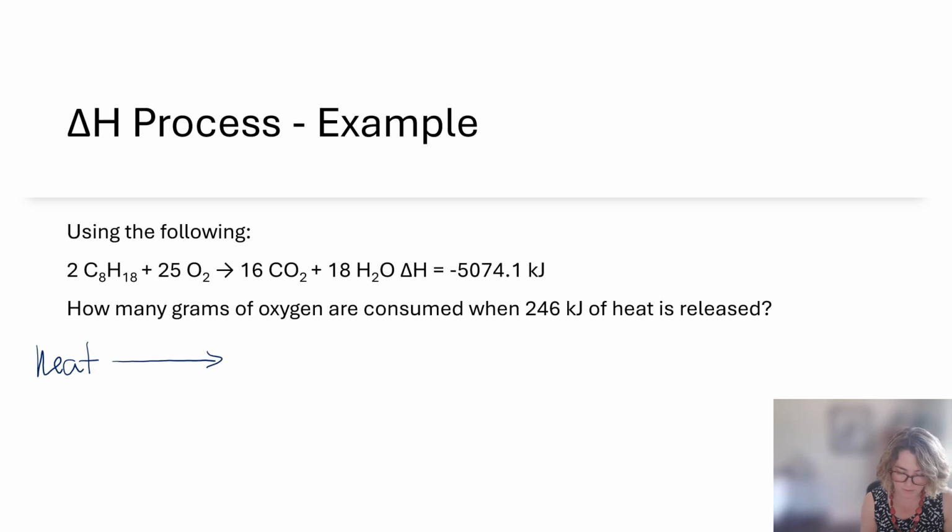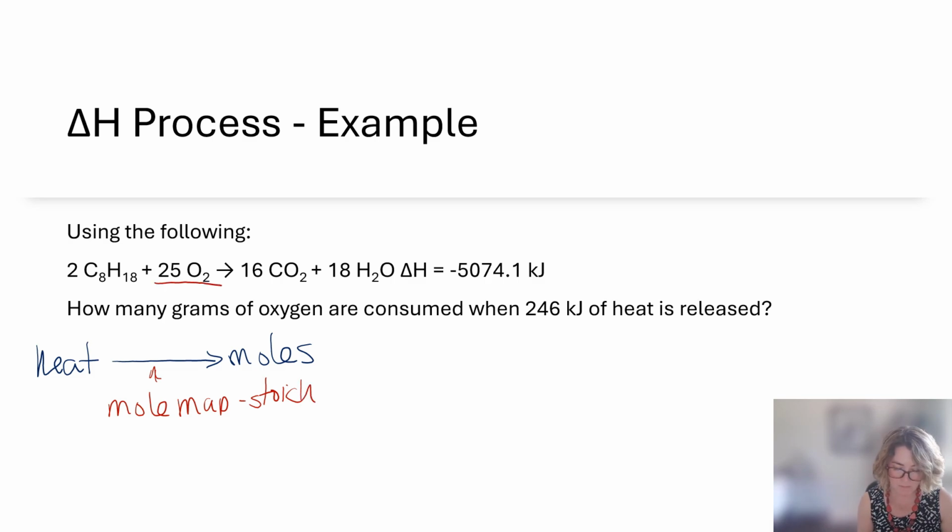And from there, I have to get myself to moles. And again, I'm going to be looking here at that mole map. I'm going to be using my stoich, and I'm going to be comparing my moles of oxygen and the amount of energy that's released.